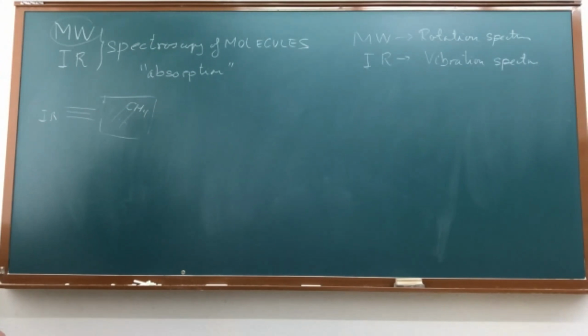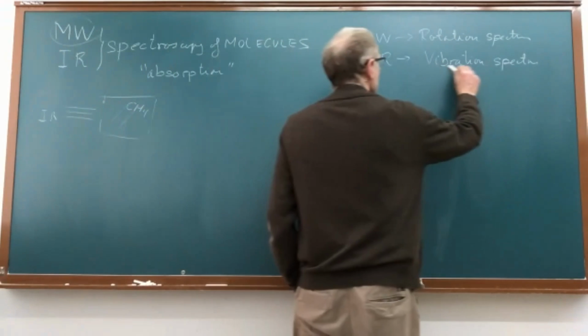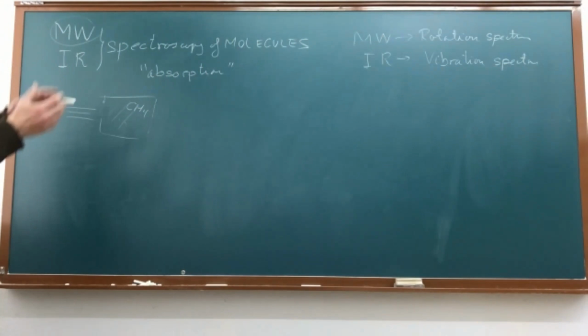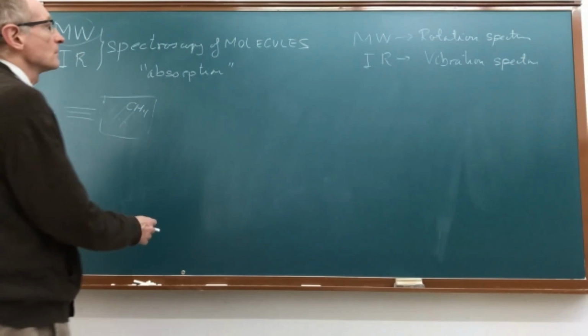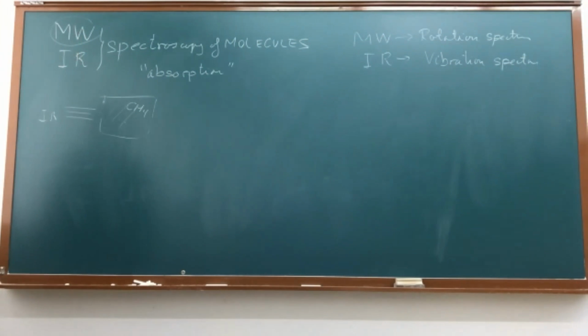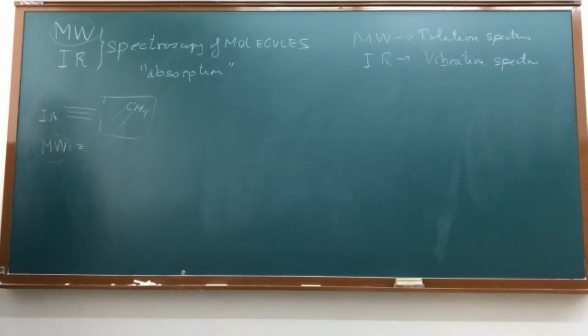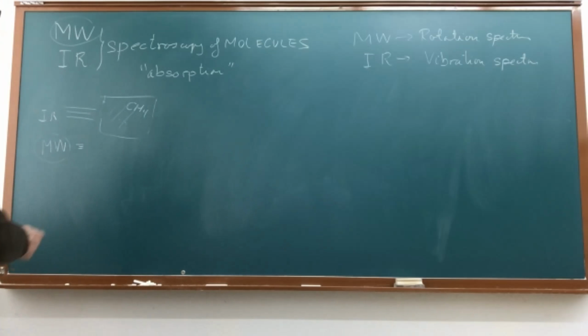So that gives me information about the vibrational spectrum, which are the eigenfrequencies of the molecule, which are the vibration frequencies. I can do the same thing with microwaves, and this is very important, for instance, for astrophysics, because sometimes you can study how microwaves transmit across very huge molecular clouds and things like that.